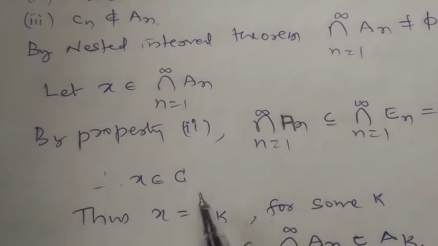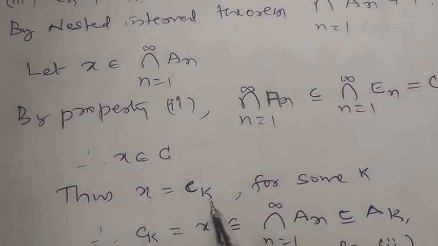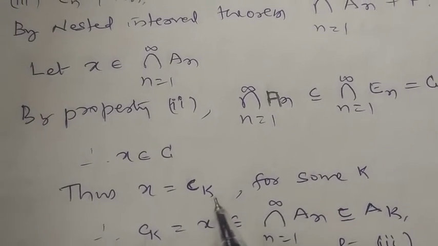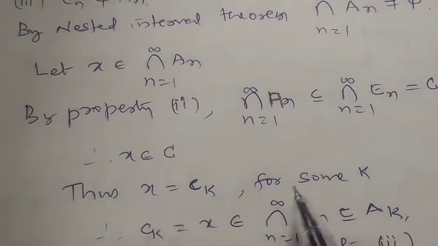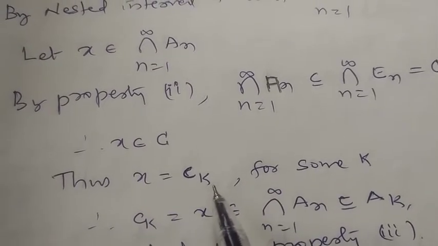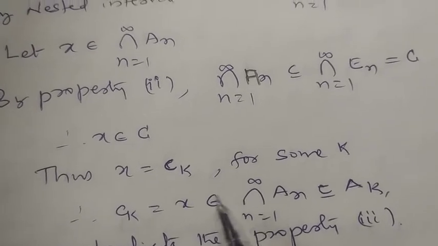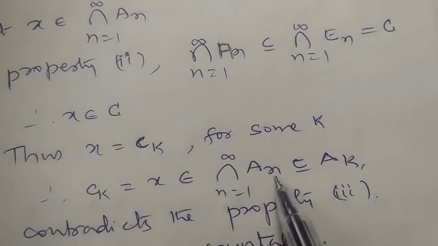Now x belongs to C, and the elements of C are arranged like C1, C2, and so on, so x will be some Ck. Therefore Ck, which is equal to x, belongs to the intersection of An.